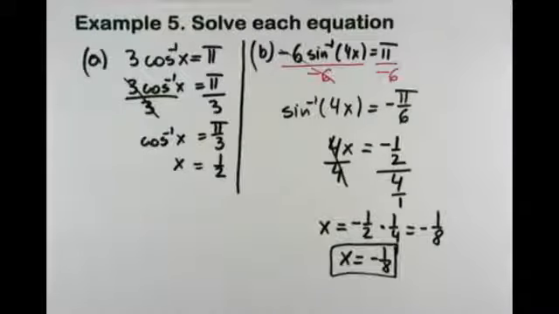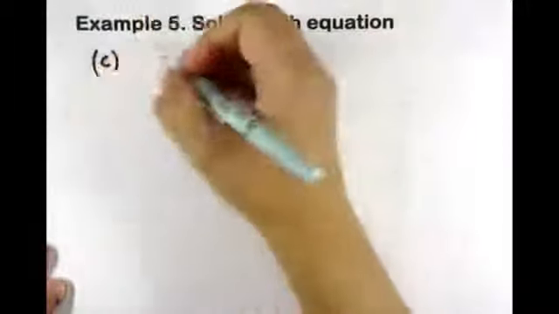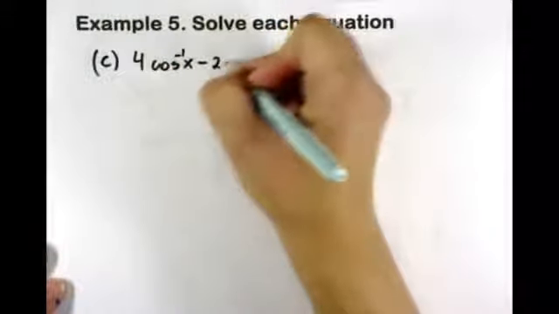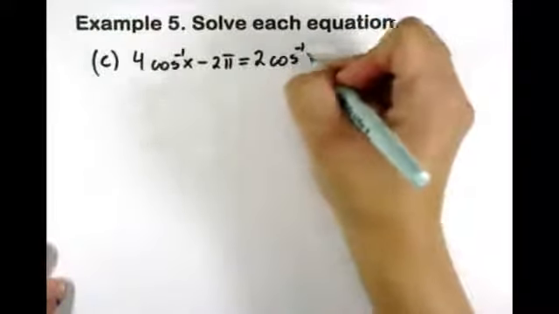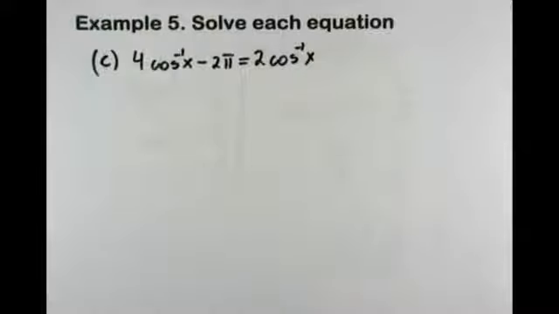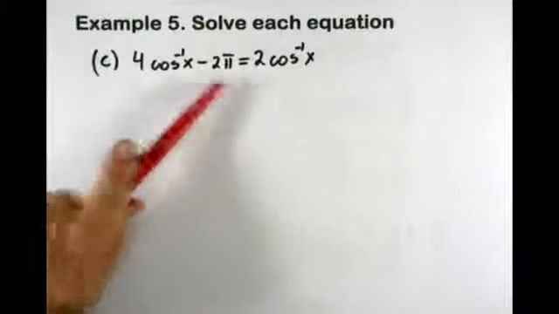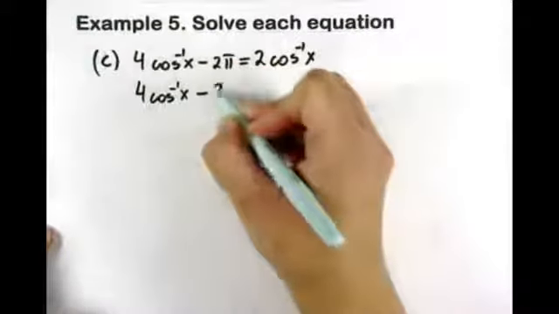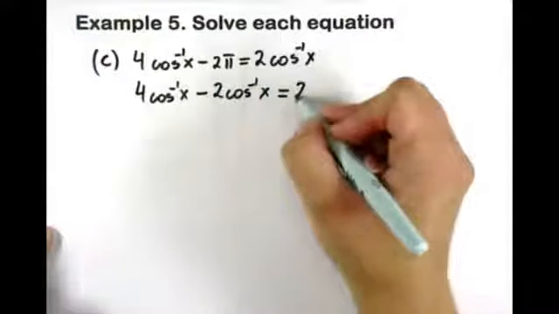One more, c. We have 4 cos inverse x minus 2 pi is equal to 2 cos inverse of x. So cos inverse we bring on one side, any other numbers on the other side. So 2 cos inverse x goes to that side: 4 cos inverse x minus 2 cos inverse x is equal to 2 pi.